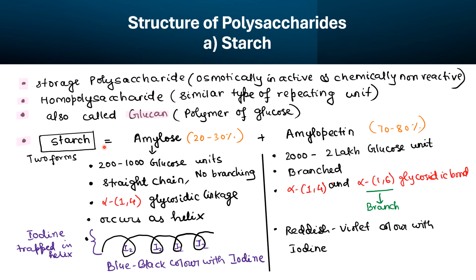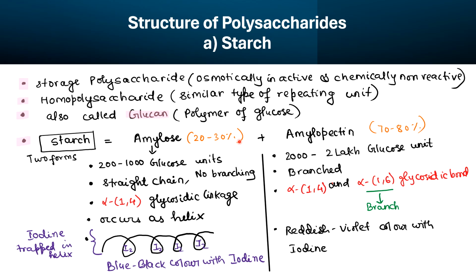Now amylose is made up of 200 to 1000 glucose units. What does this mean? It means 200 to 1000 glucose units are connected together by glycosidic linkage in amylose. Whereas amylopectin has about 2000 to 2 lakh glucose units connected together.